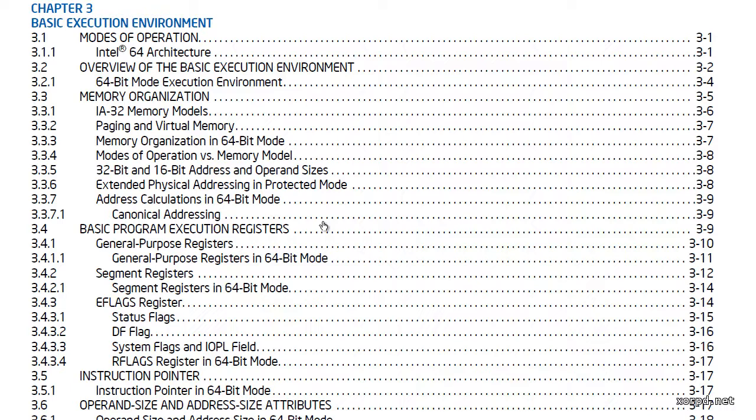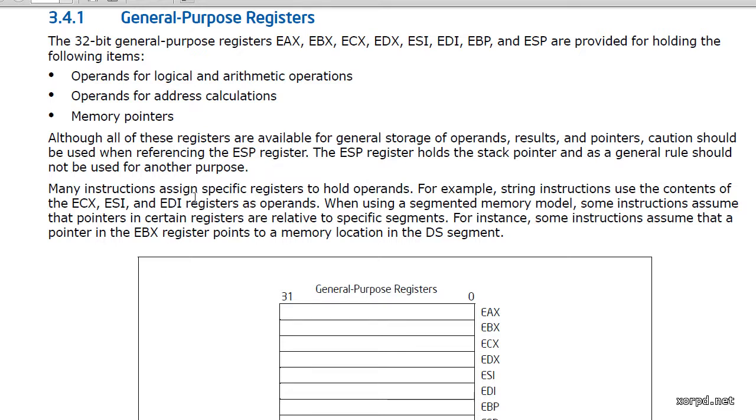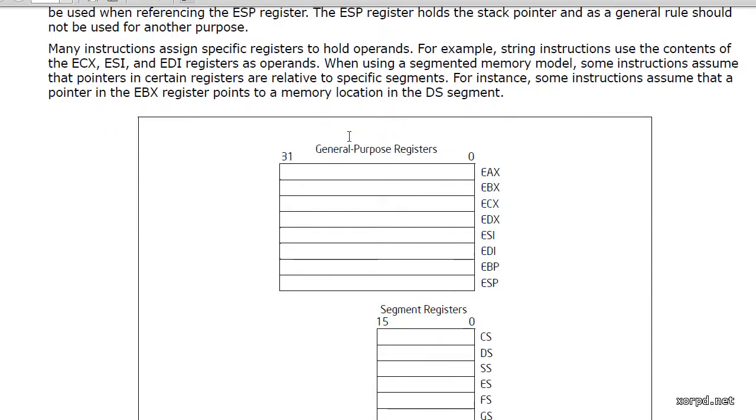As an example, we can take a look here at this chapter called General Purpose Registers. If we click on this line, we get to the correct chapter. And we can see this picture which we already know about of the General Purpose Registers.